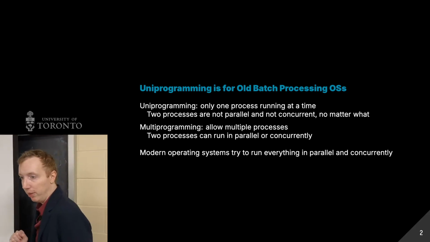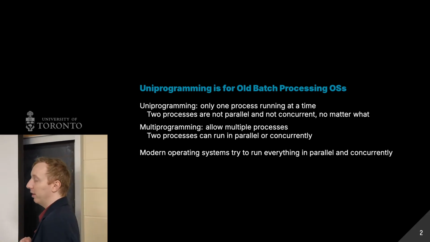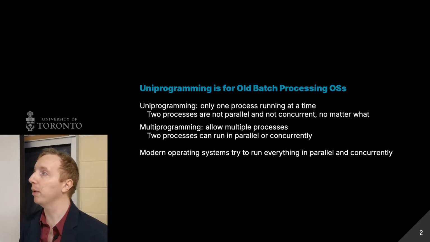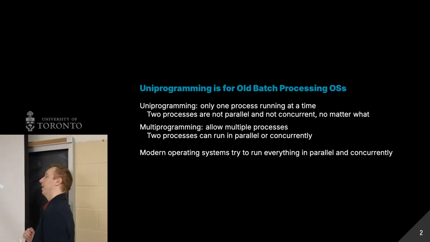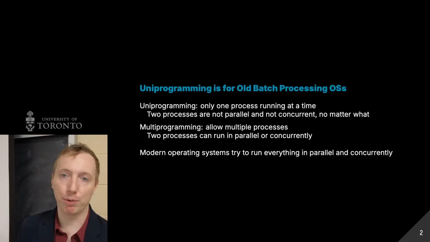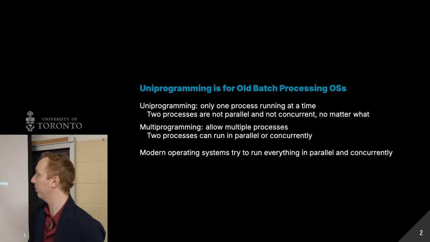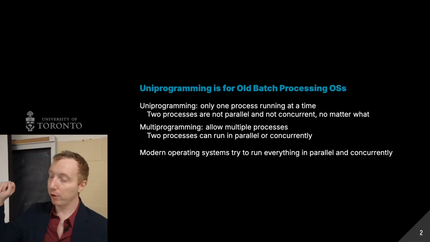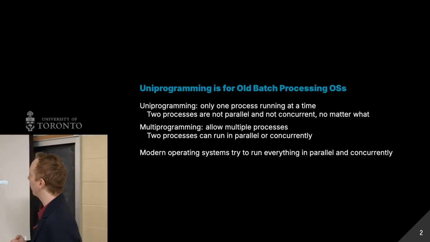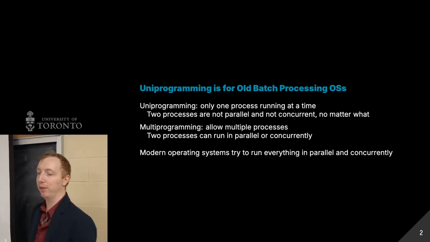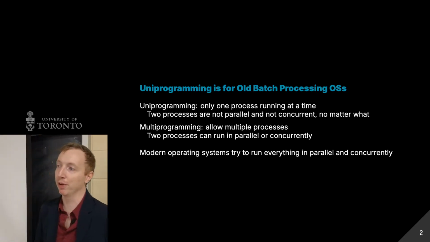All right, we'll get into a bit of theory. Most of today is going to be programming practice because managing children and forking and killing them is hard work. So we will get some more practice with that today. But before, there's something called uniprogramming for old batch processing operating systems.